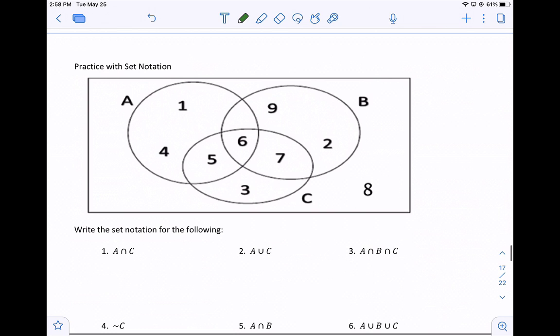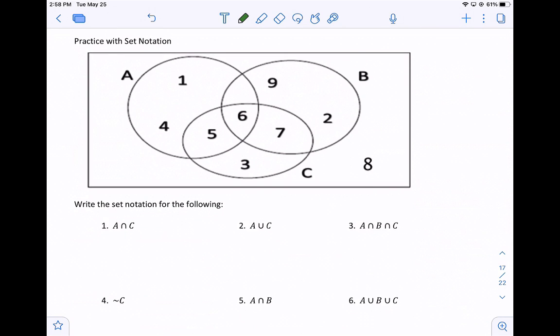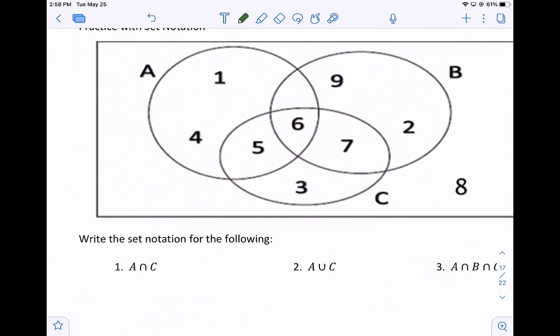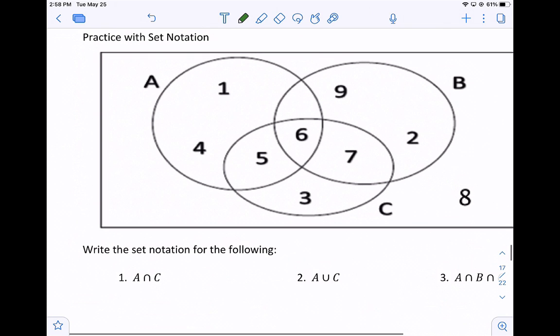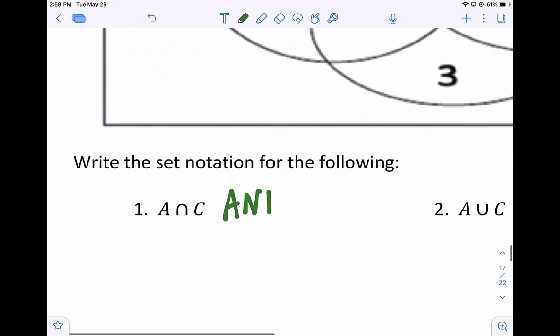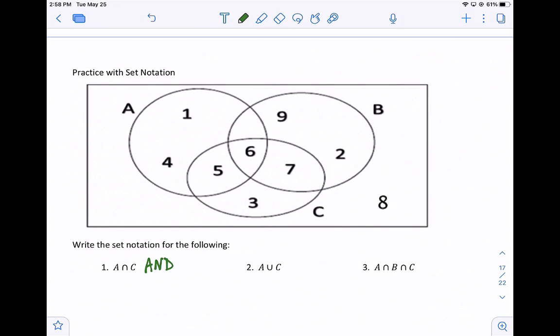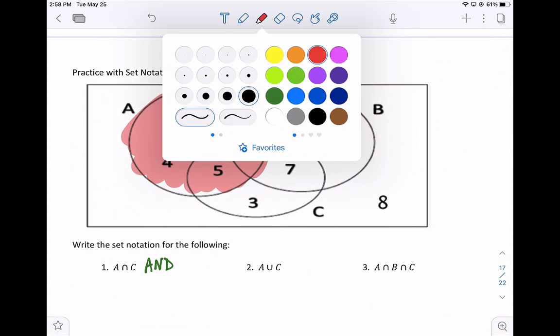So let's do some examples. Write the set notation for the following. Let's do A and C, where and means it has to be in both. We'll look at A and we'll take a look at C. I should use my highlighter. So here's everything in set A, and then we'll look at everything in set C, in a different color.